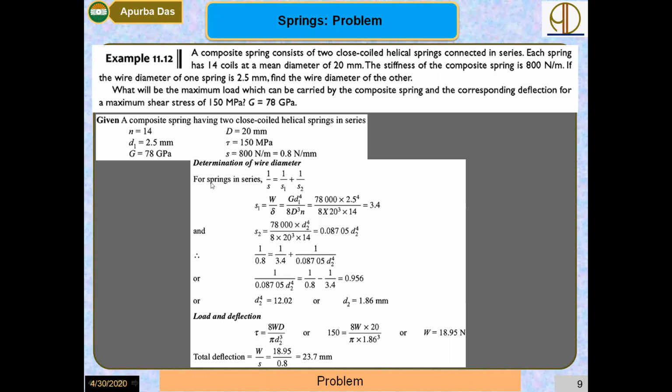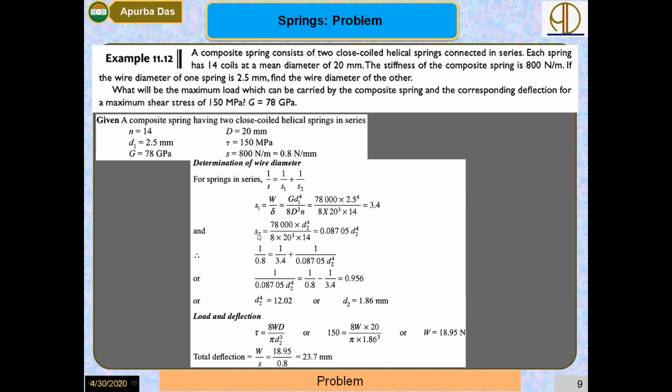So for the springs in series, we already know that 1 by S is equal to 1 by S1 plus 1 by S2. So from there we can write small s1 that is equal to W by delta. So G d1 to the power 4 by 8 D cube n, so that becomes 3.4.